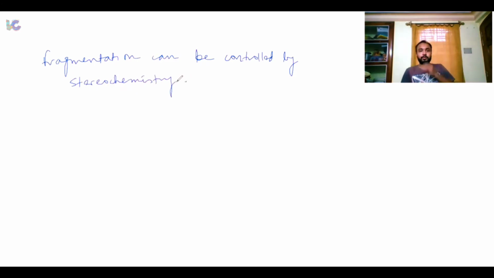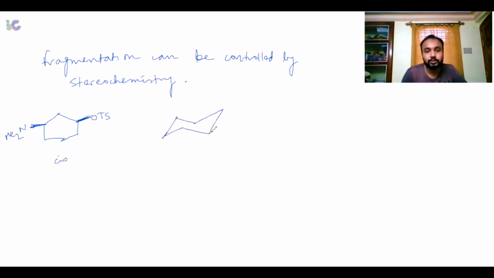If you have a system like this, we have an OTs group above, and in the third position we have a tertiary amine group, also above. So this is our cis product. Let's draw the chair conformation. This is the OTs group, and here we have an NMe2 group.